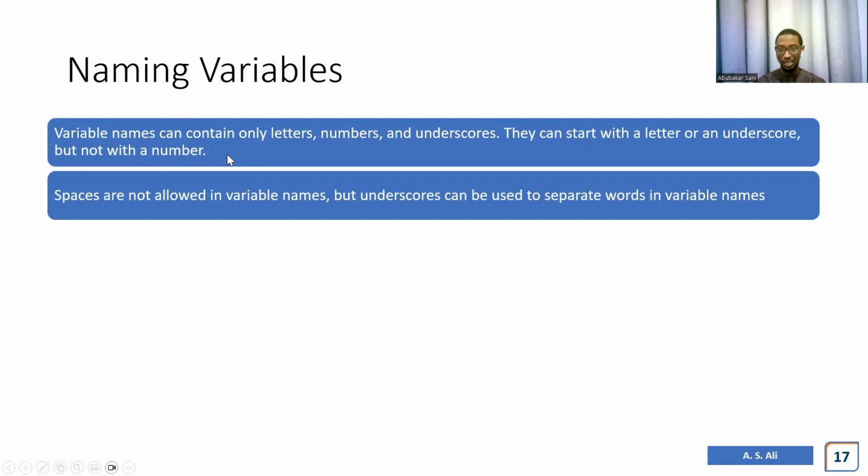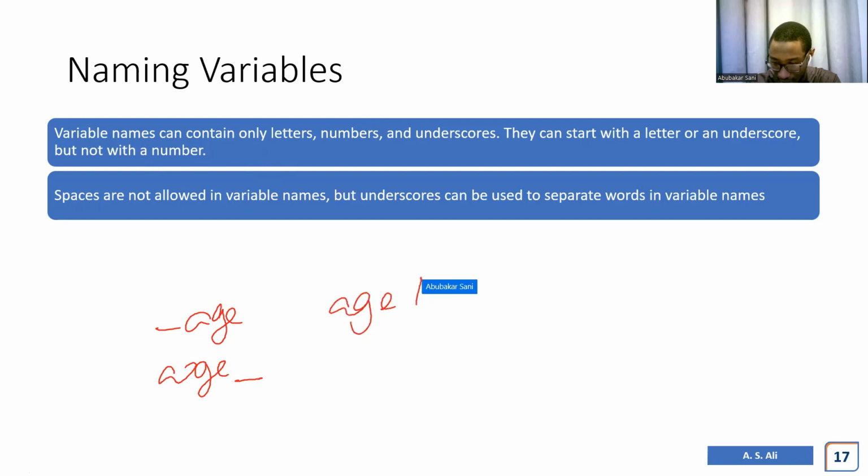You can have, let's say, age, underscore age. You can have something like a variable name underscore age. You can have age underscore. You can have age13 underscore. You can have them anyways, but you can't say 13age. This is wrong.